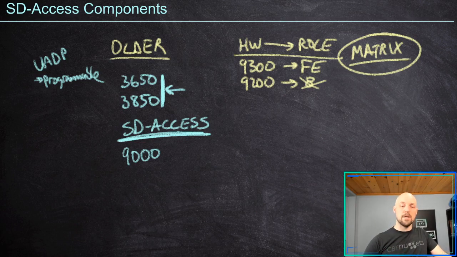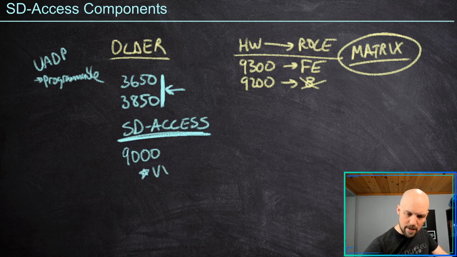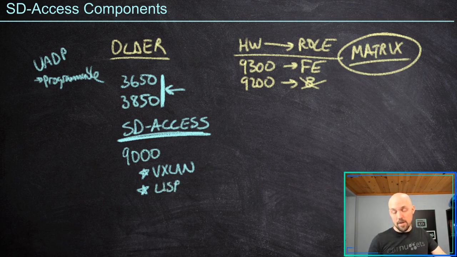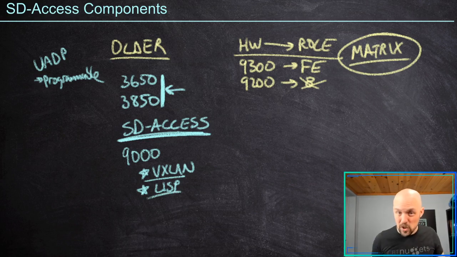Fortunately, and so here's the big problem. SD-Access is built on two technologies. We've mentioned them several times. VXLAN and LISP. The big problem here would be VXLAN. LISP can be a little more control plane software driven, but VXLAN is data plane traffic.